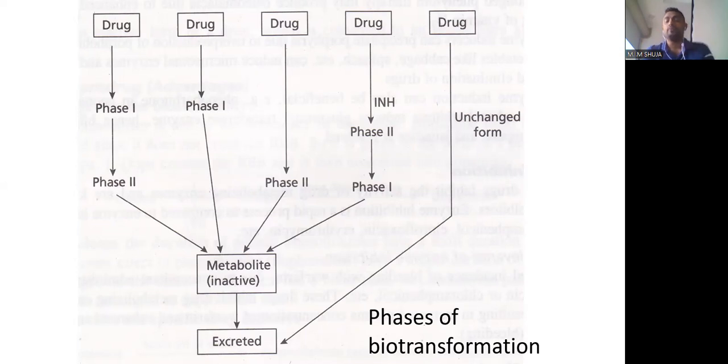So if MCQ points come, such as in drug metabolism, the drugs always undergo phase 1 metabolism. That is false, because there are sets of drugs that never undergo phase 1. So you should be able to tackle the MCQs with the knowledge gained from these slides.